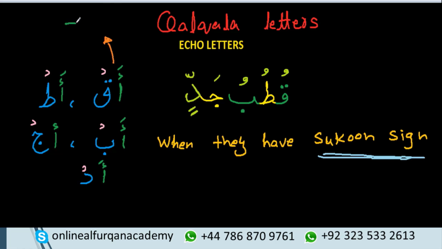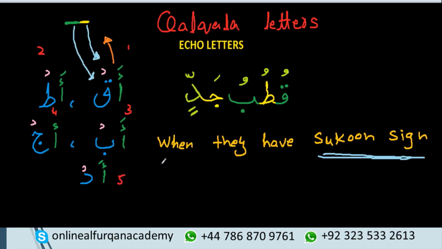Number 1, we have the Aq sound, and then we have Q here. The green line is representing the Aq sound, and the echo sound is representing this yellow color. Now pronounce that Aq. Yeah, at the end the sound is bouncing back a little bit. Aq. Second, At, Ab, Aj, Ad.